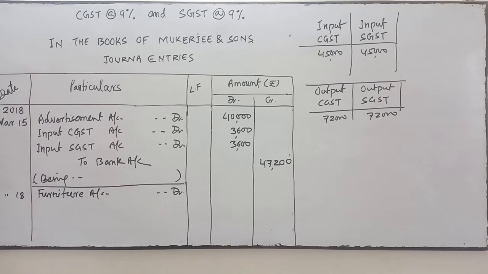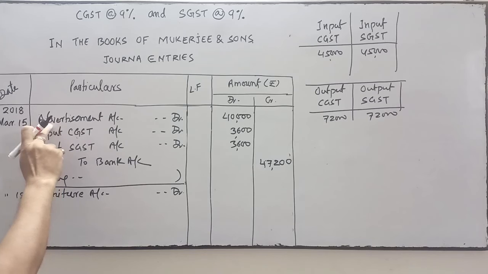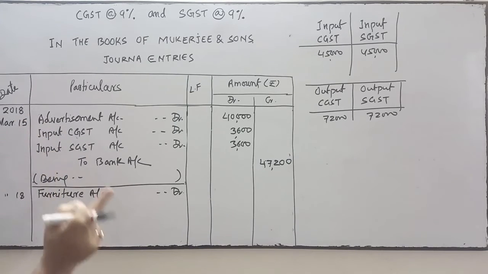Furniture comes into the business, and you know the rules of real account: what comes in is debit and what goes out is credit. You know the rules of nominal account: all expenses and losses debit and all incomes and gains credit. Advertisement is the expense, debit. So furniture is a debit over here because it comes under real account.